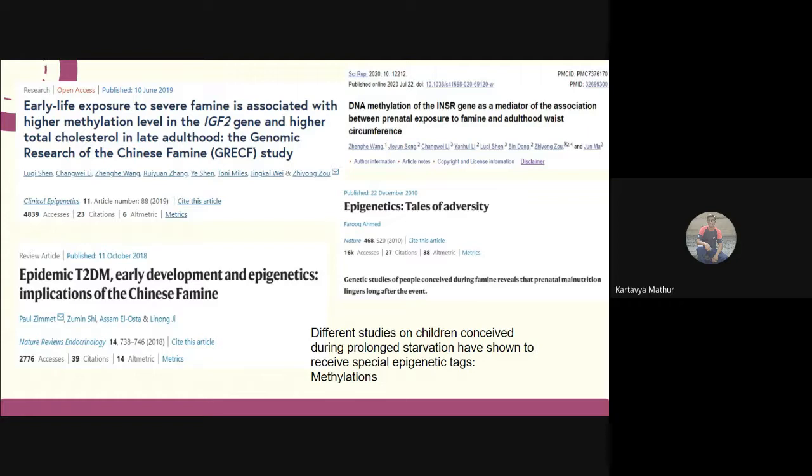And all these studies show that epigenetics has a great linkage with the diseases which we get, especially type 2 diabetes mellitus or obesity.